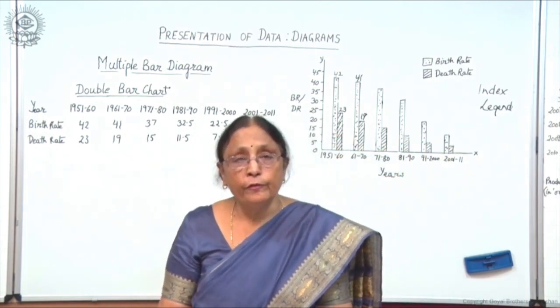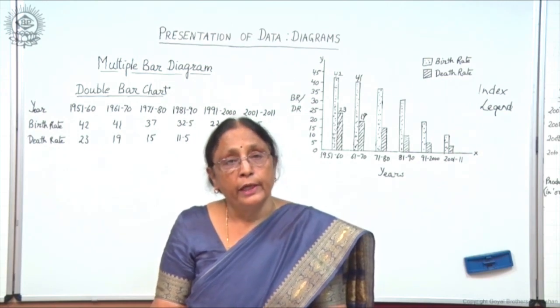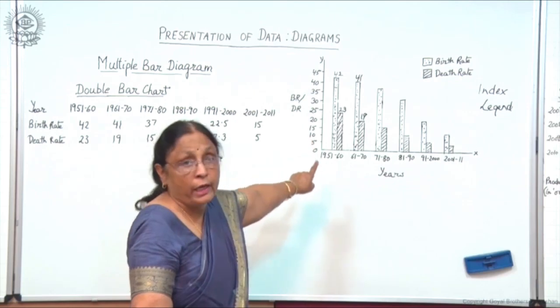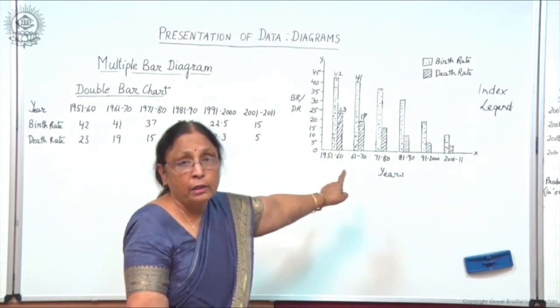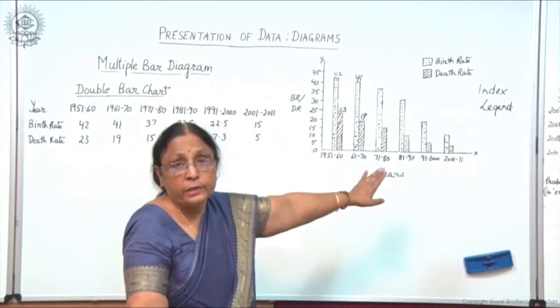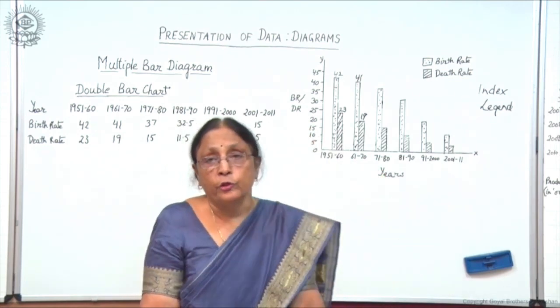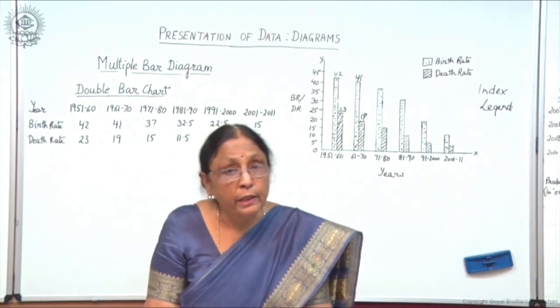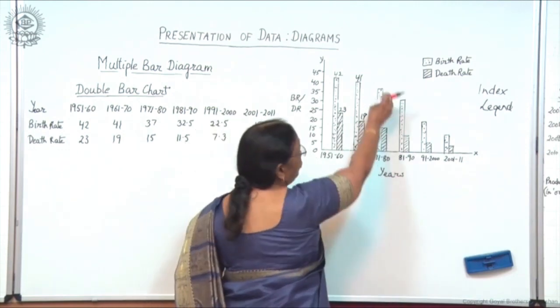So with the help of the graph or diagram you can analyze that birth rate was high in 1951 as well as death rate was also high, but later on it declines till 2001 to 11, right. Or in a particular year if it is increasing, then the bar will also go high.